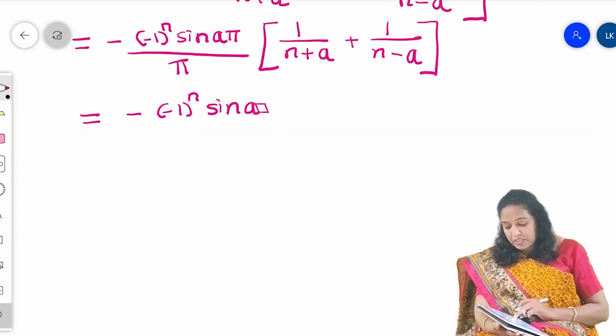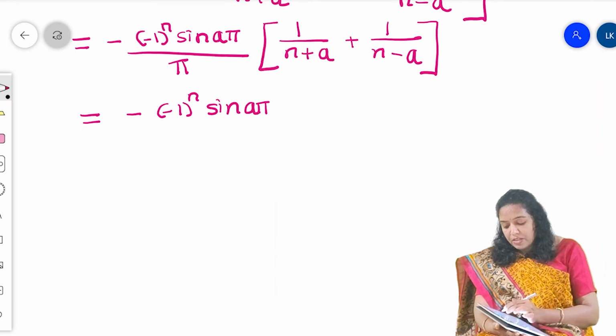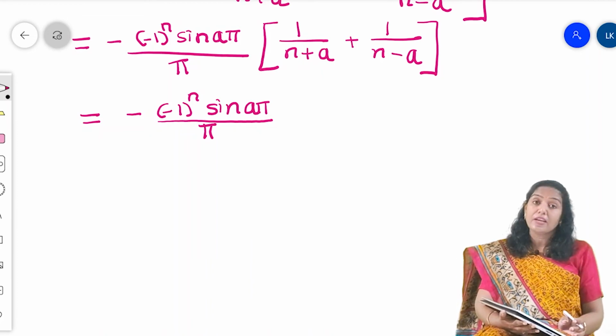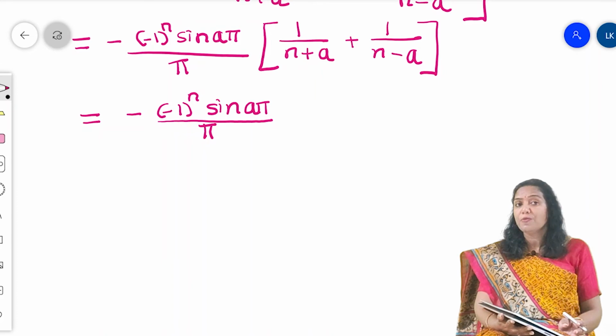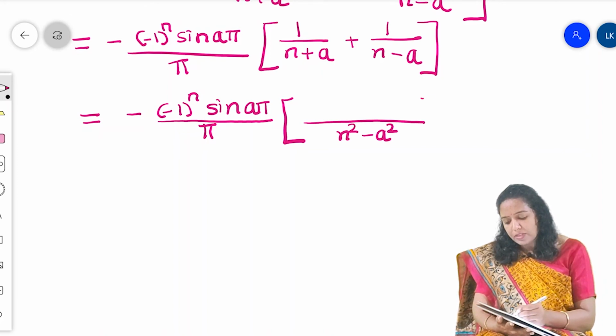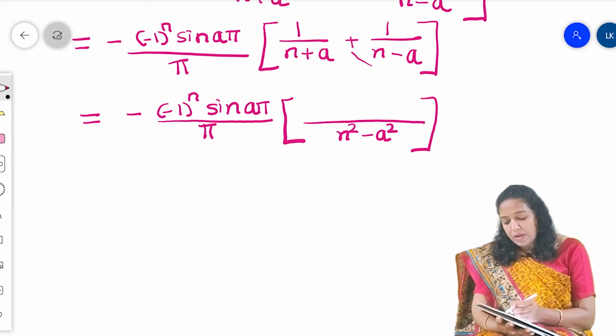In the Fourier series chapter, the calculation is a little bit lengthy. If you have interest in mathematics, then you are enjoying the section of the Fourier series. Here LCM is n square minus a square, because n plus a into n minus a. Now n minus a coming here and n plus a is going there.